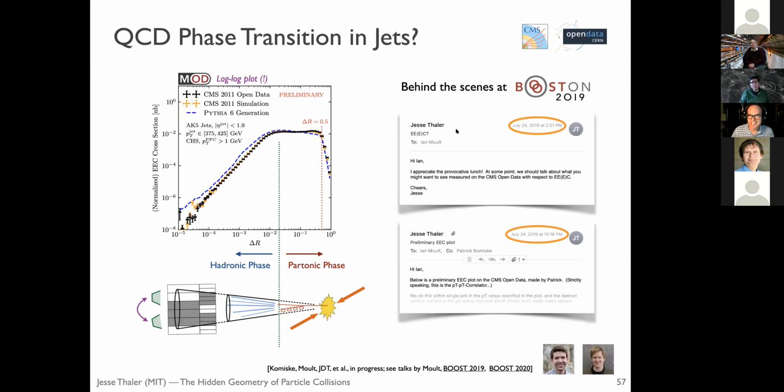Ian Moult was at MIT for the BOOST workshop, and he was trying to explain to me why energy correlation functions were so awesome. At 2 o'clock, I said, I appreciate the provocative lunch, we should talk about what to do with it. Then 8 hours later, I sent an email back saying, by the way, here's a preliminary plot that my student Patrick made. That probably tells you that Patrick's a very fast and reliable coder. But also, what you see here is a plot that is totally wild to me.